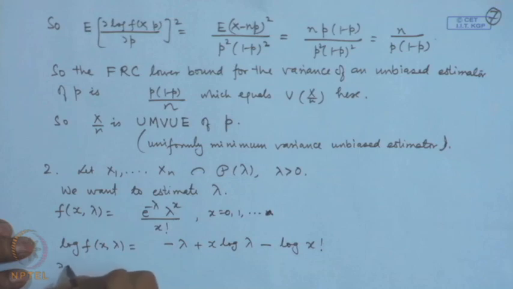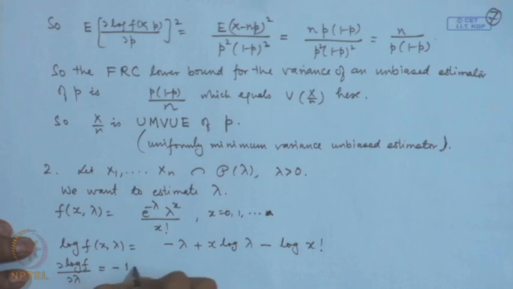So, if we consider the derivative of this with respect to lambda, then we get minus 1 plus x by lambda, which we can write as (x minus lambda) by lambda.